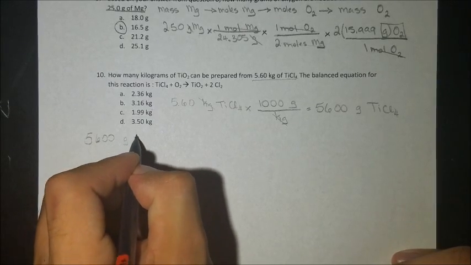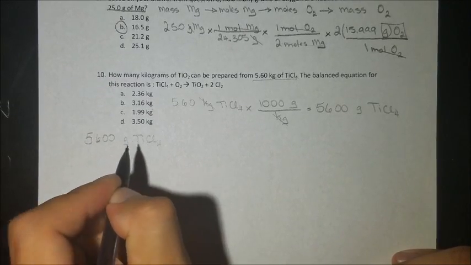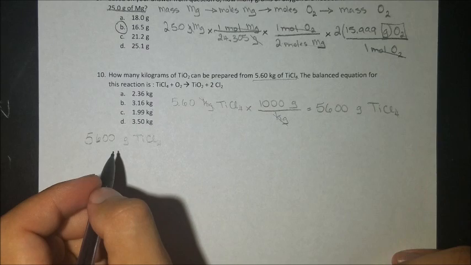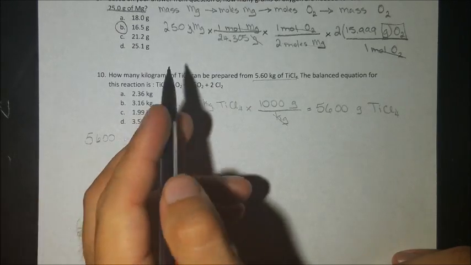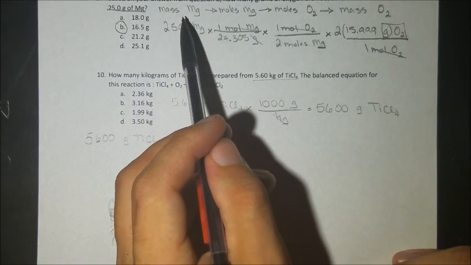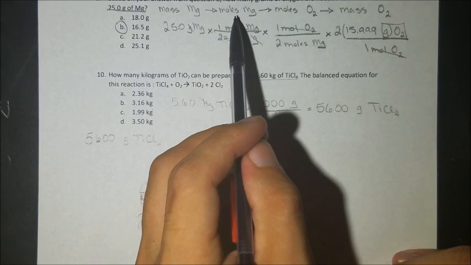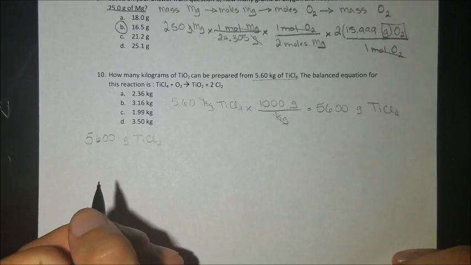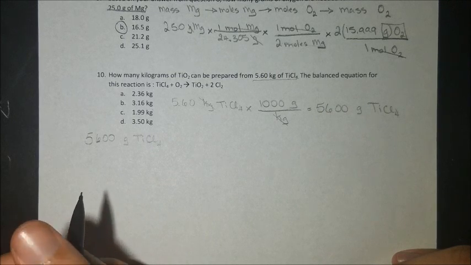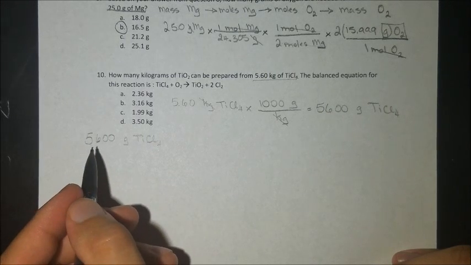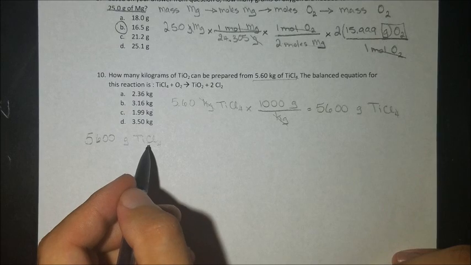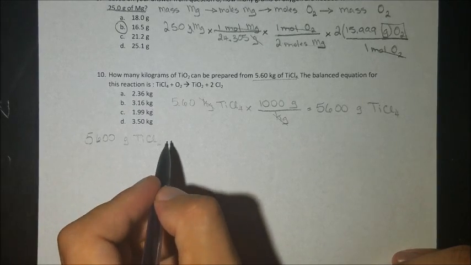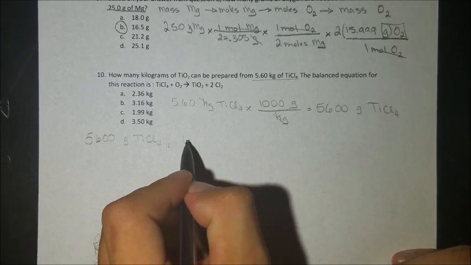We have 5,600 grams of titanium 4 chloride. We need to figure out how many moles of titanium chloride that is, because remember we have to go from the mass to the moles, so that we can then relate that number of moles to the balanced chemical equation. So we've got grams of titanium 4 chloride, and let's figure out how many moles that is.